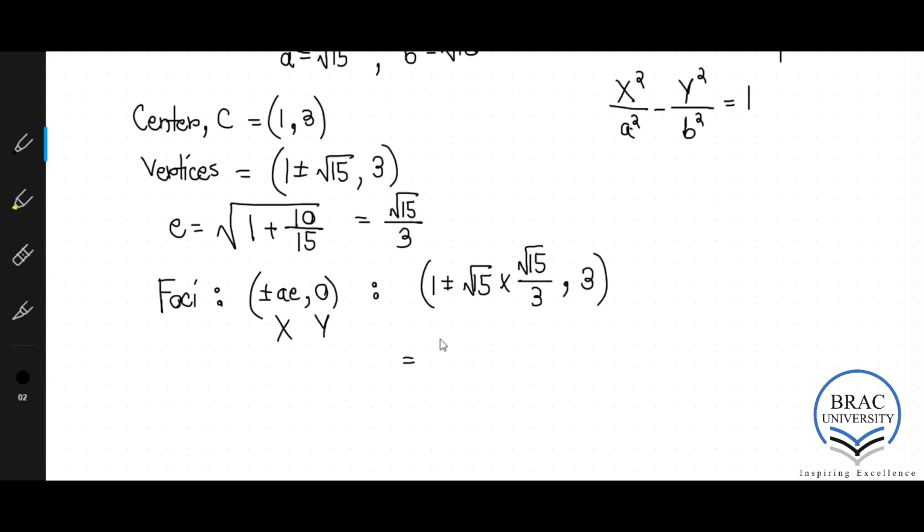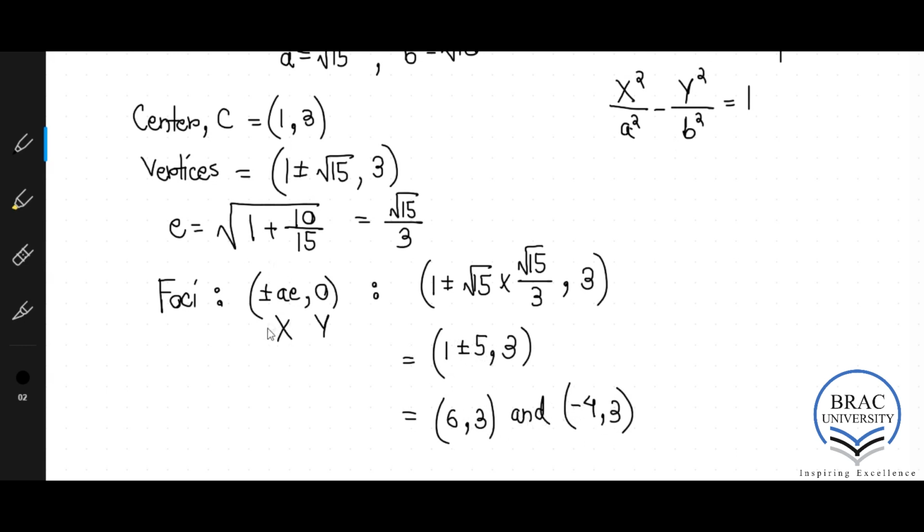So this gives us 1 plus or minus 5, comma 3, and so 1 plus 5 is (6, 3), and 1 minus 5 is (minus 4, 3). So these are our foci.